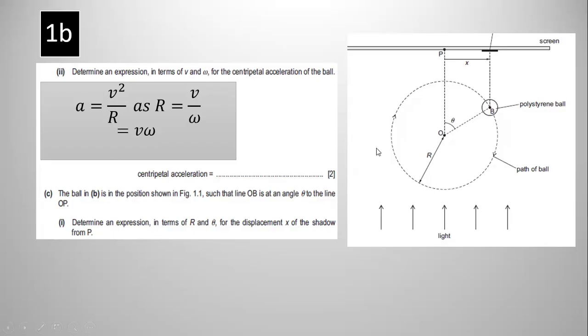Right? So this distance, that distance there, that's your x, that's your R sine omega t. That's all.